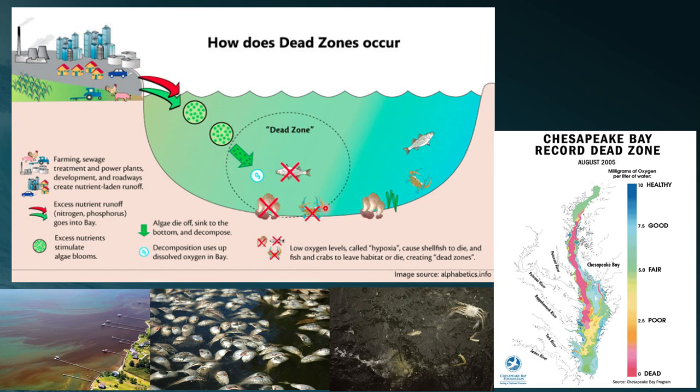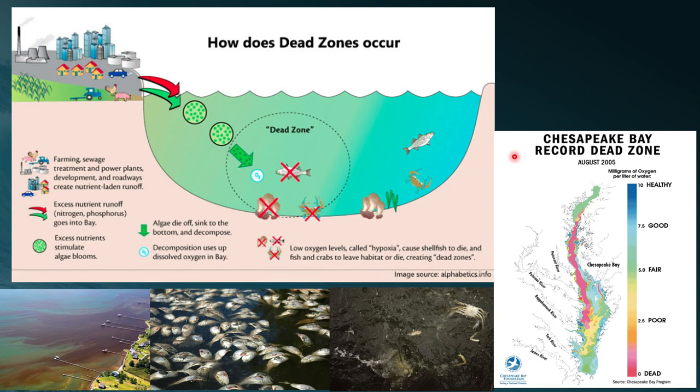What this looks like is a lot of fish kills. This is a fish kill here, where fish are dead and floating on the surface. Invertebrates are also subject to it. This is a dead blue crab. Basically anything that needs oxygen is going to suffocate. In 2005, we had a really bad dead zone.